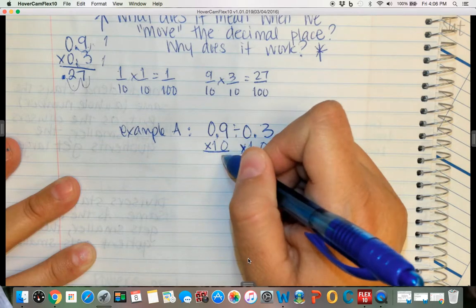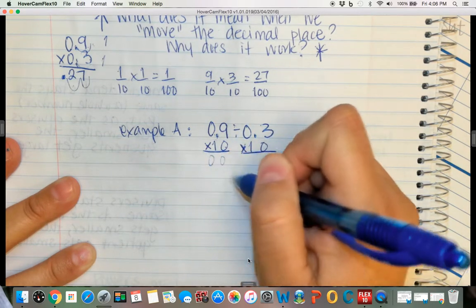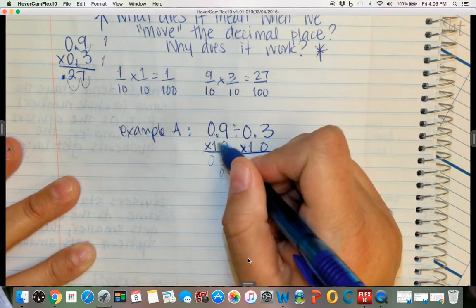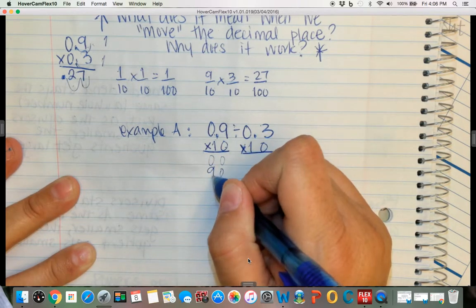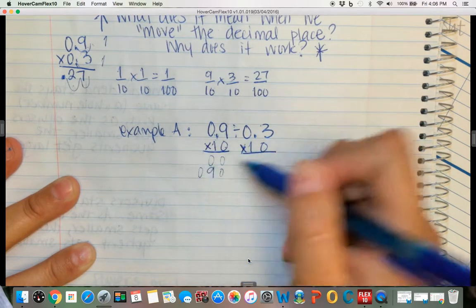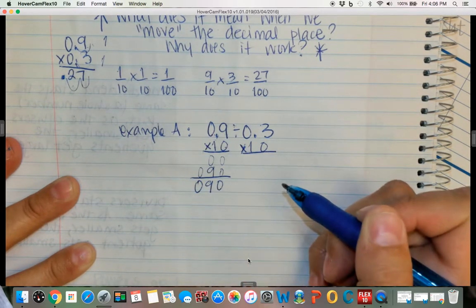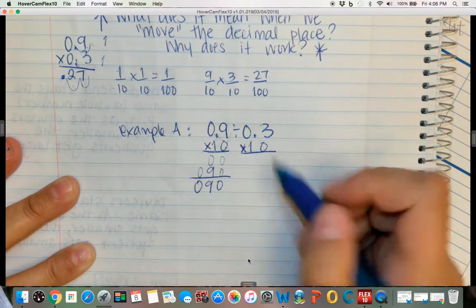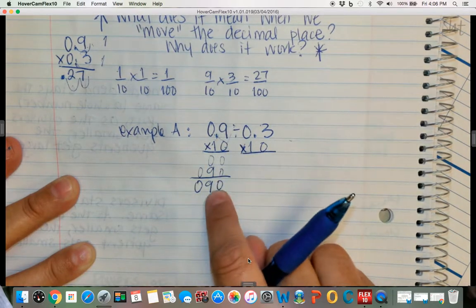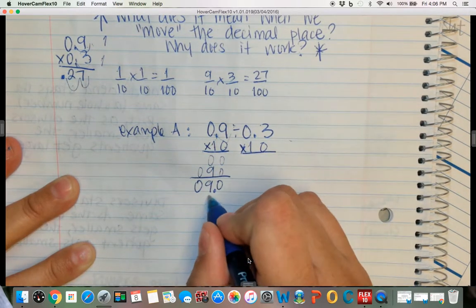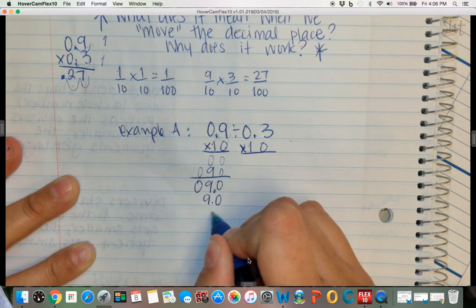0 times 9 is 0. 0 times 0 is 0. I have a placeholder. 1 times 9 is 9. 1 times 0 is 0. Okay. I have 1 decimal place here, so I'll go 1 here, and my number is 9.0 or 9.